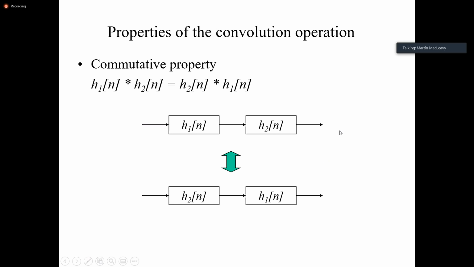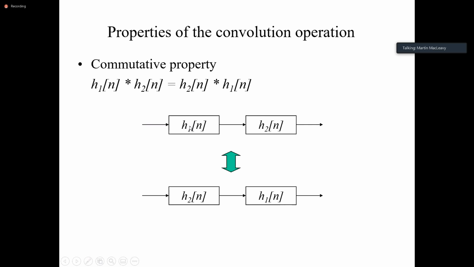All right, just a few properties of the convolution operation. Commutative property, in other words, it doesn't matter which one comes in what order. So this is a useful property, as we'll see a little later on, that a system here may be consisting of 2 individual systems.